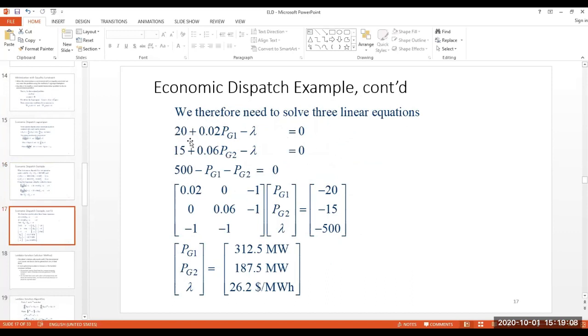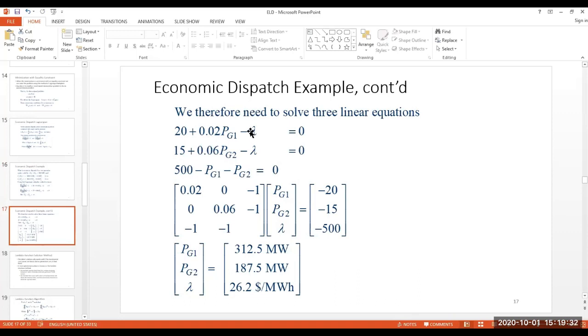So you formulate your matrix. You take PG1, PG2, and lambda as your unknown variables. You just fill up the matrix with the corresponding coefficients, and of course take the constant values to the other side. Okay, so in the first expression you have only PG1, its coefficient is 0.02, no appearance of PG2, so it is 0.